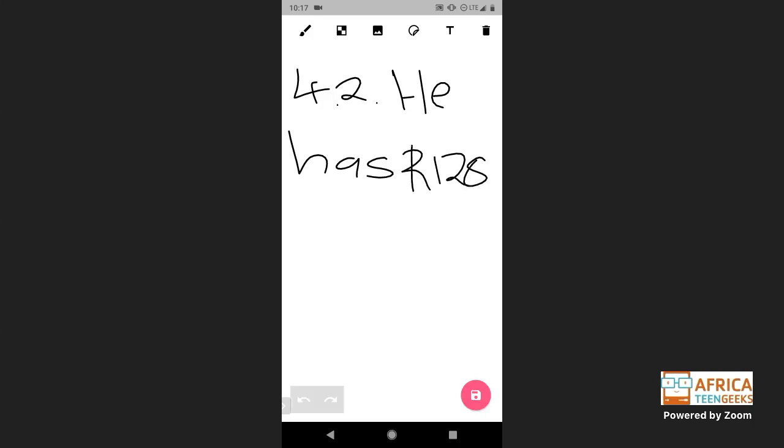So let's do 4.2. We'll take his total money, which is 128, subtract the ball, which is 48 rand, and his final answer, the money he has at the moment, equals 80 rands.